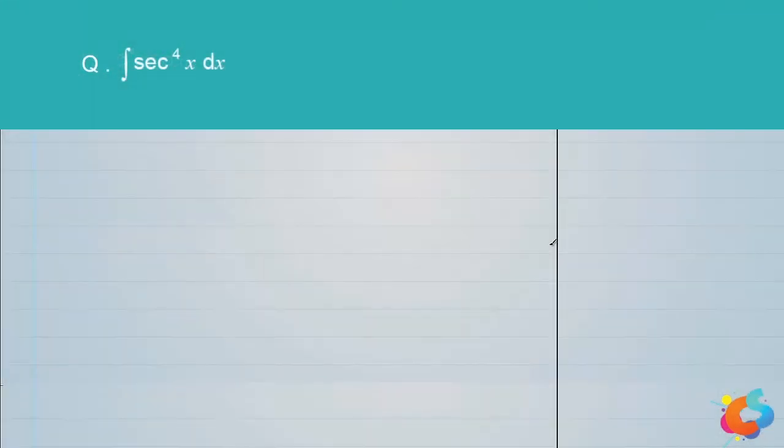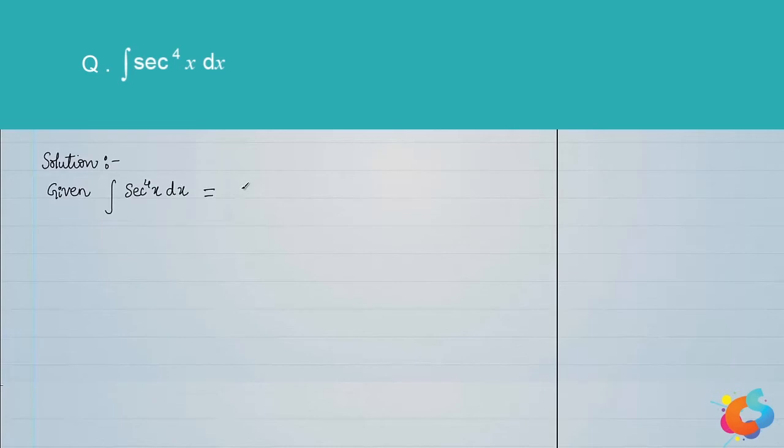We now integrate secant to the power of 4x with respect to x. We know that integration of secant square x is tan x, but for integration of secant to the power of 4x we have not obtained a standard formula. But we can write the same as secant square x into secant square x, and one secant square x we will express in terms of tan x, so that the problem can be solved by the method of substitution, which reduces to one of these forms.